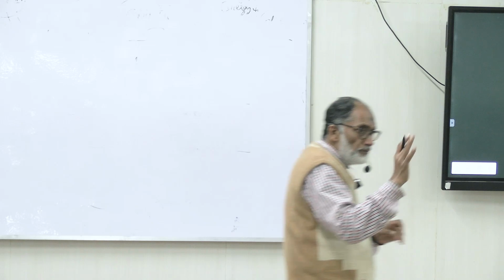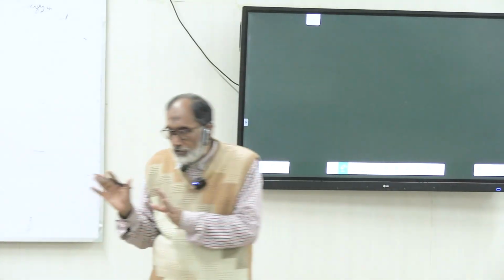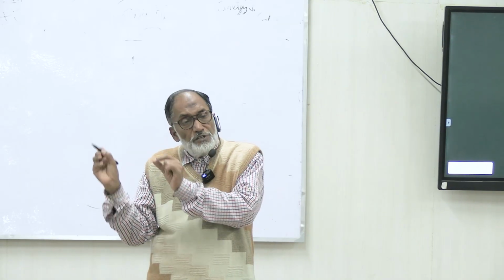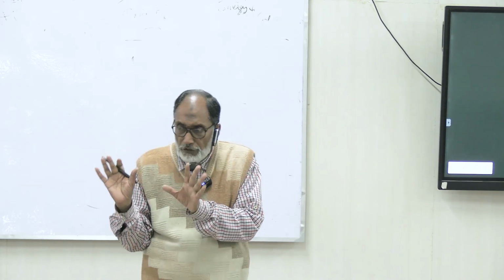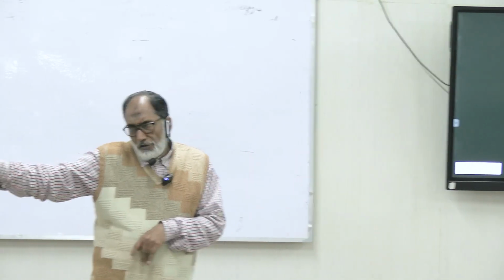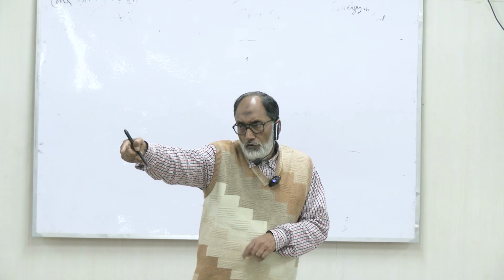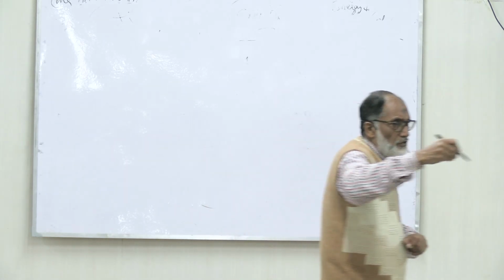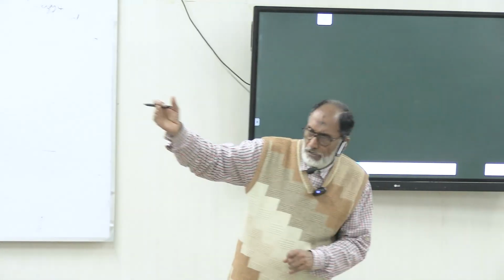The most important event during the third week is first the appearance of the primitive streak. It appears on day 15. There was an MCQ this time: the primitive streak develops on what day?